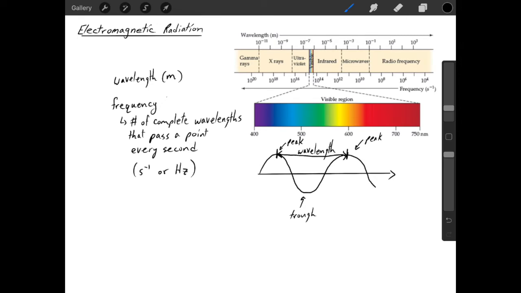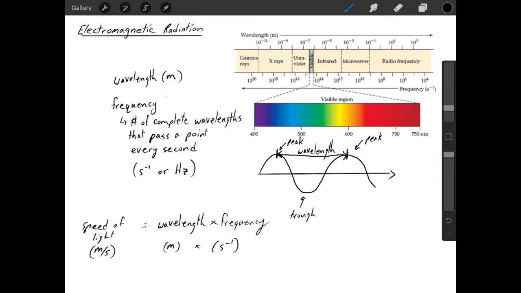And from the wavelength and the frequency of light, we can work out the speed of light. Speed is typically measured in meters per second, and we have units that give you meters, and we have units that give you per second. So we can use wavelength times frequency to give us speed of light.